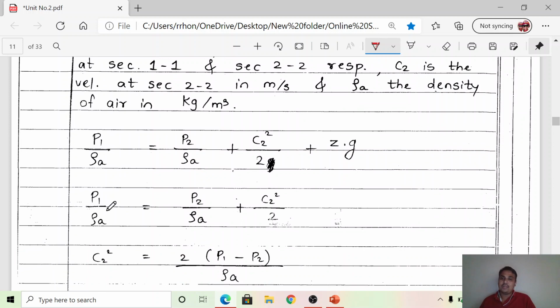So further simplification is again possible. We can further simplify the equation: P1 by rho a is equal to P2 by rho a plus C2 square by 2. Again, there is no question of this height, so we can directly neglect this particular Z, as we discussed.